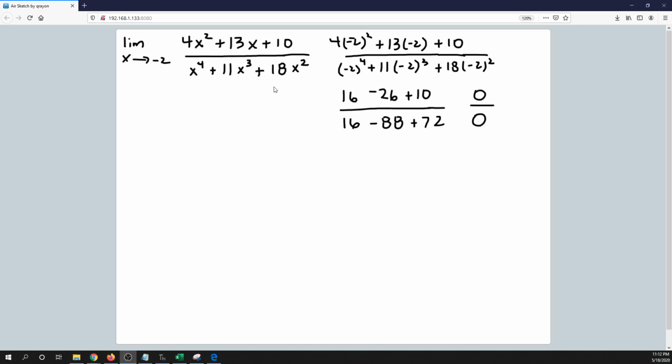One of the things that can make this a little bit easier is something from algebra called the Factor Theorem.